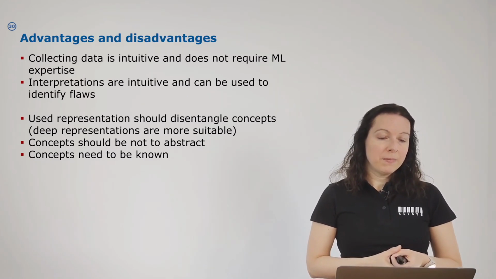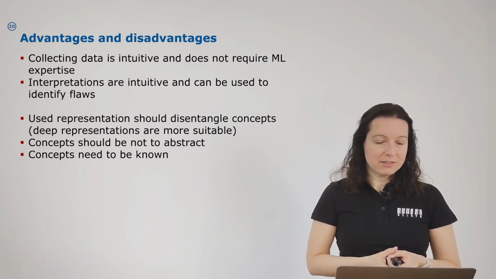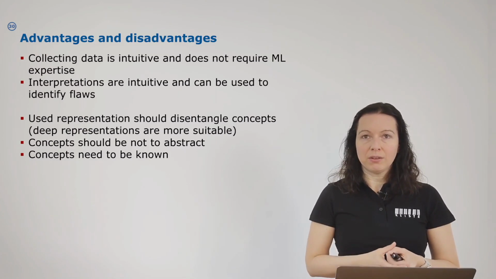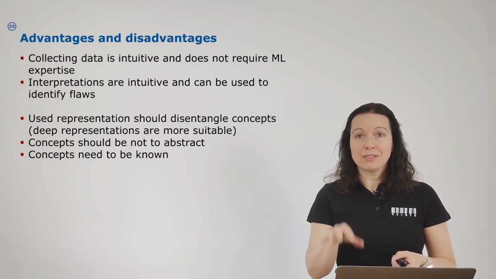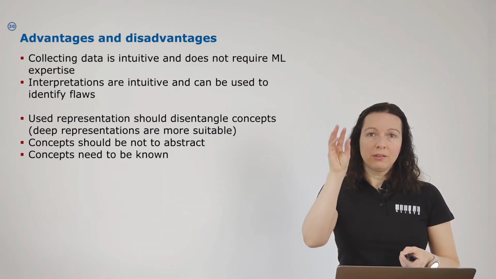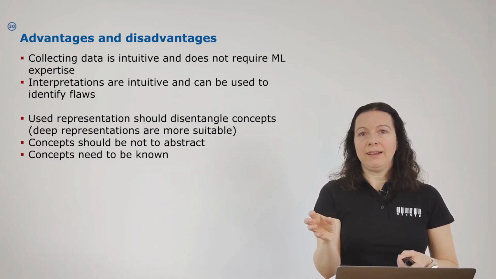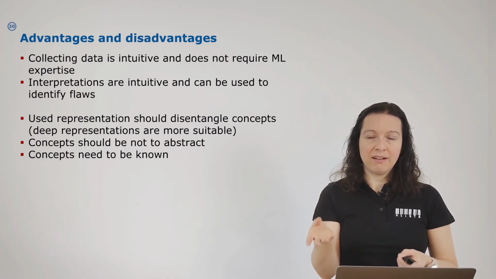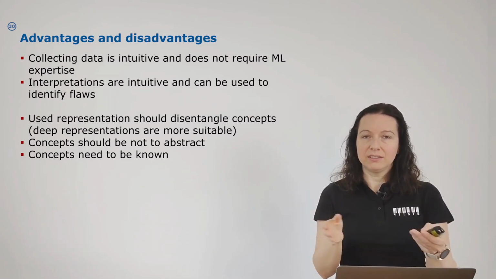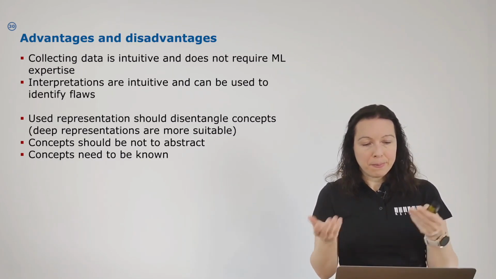But of course, you need to be aware of some shortcomings. For example, the used representation should disentangle the concept. So at the bottleneck layer, we assume that the representation there is able to disentangle this concept.